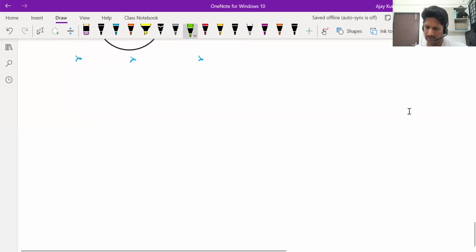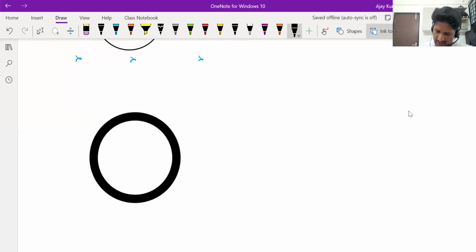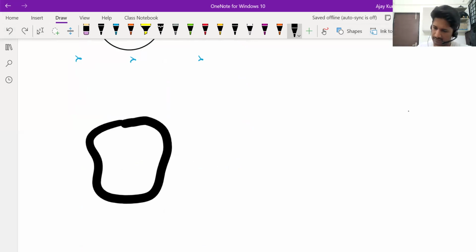Okay. Now you consider something like this. Let's say there is a random plate, a two-dimensional system, a conducting plate.